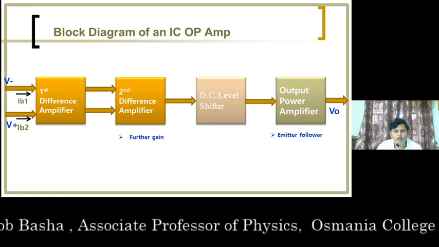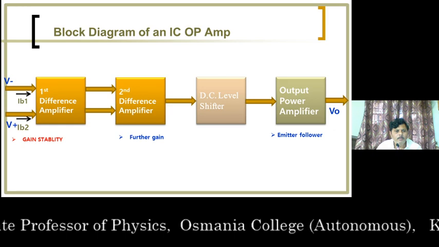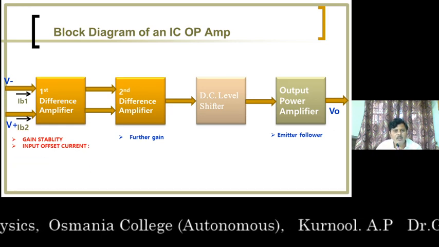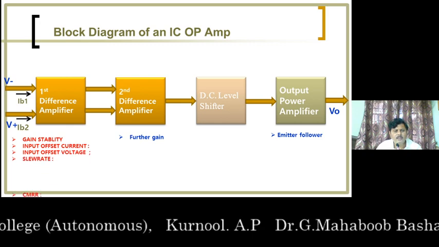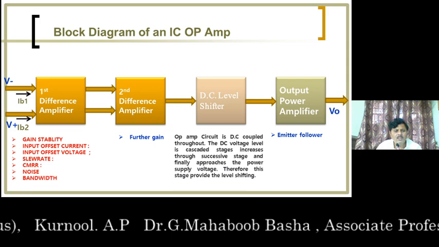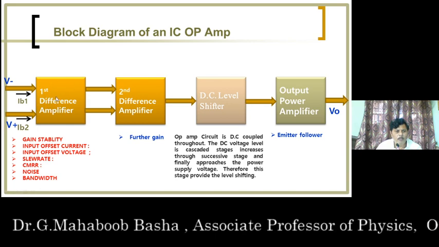Now the entire parameters of op amp IC741 depend on the first stage difference amplifier. One is gain stability, the others are offset current, offset voltage, slew rate, CMRR, noise, and bandwidth. All these parameters depend on the functioning of the first stage difference amplifier.